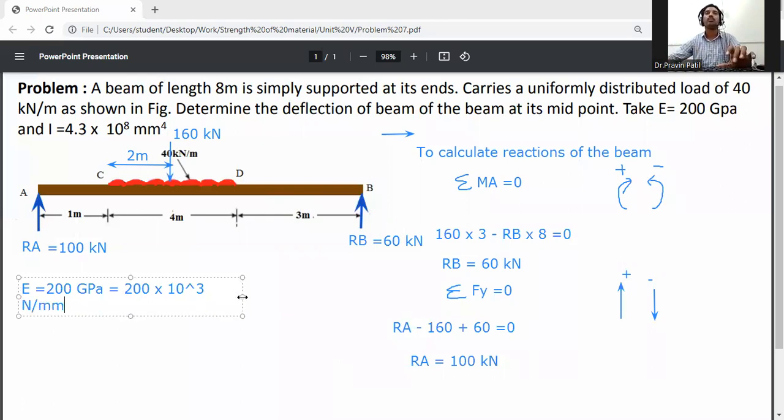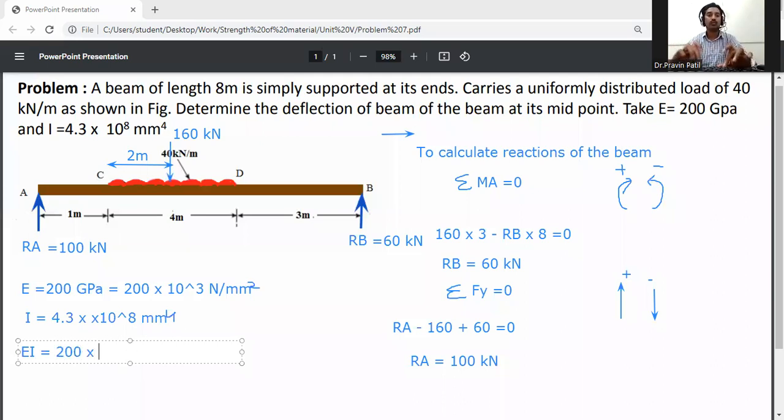Then the moment of inertia I is equal to 4.3 into 10 raised to the power 8 mm raised to 4. So now calculate EI.